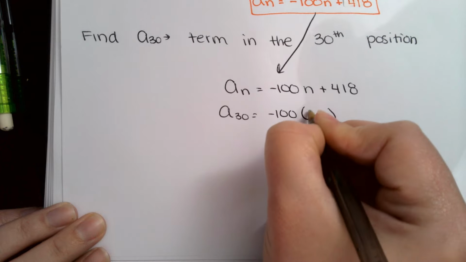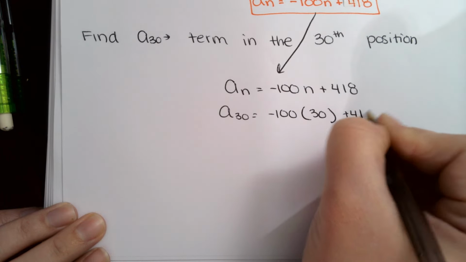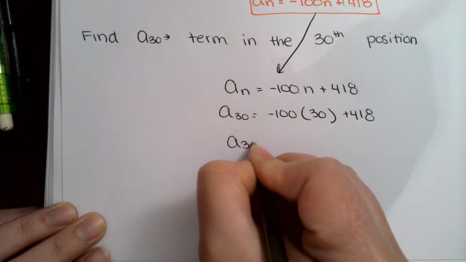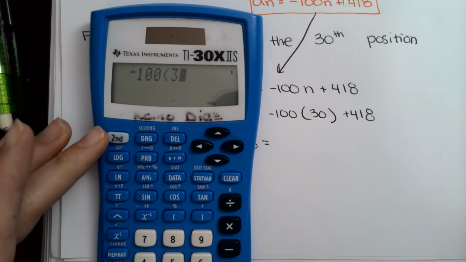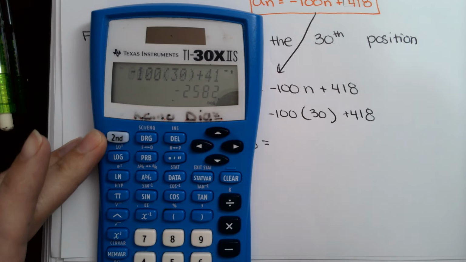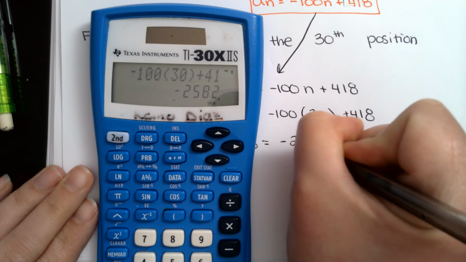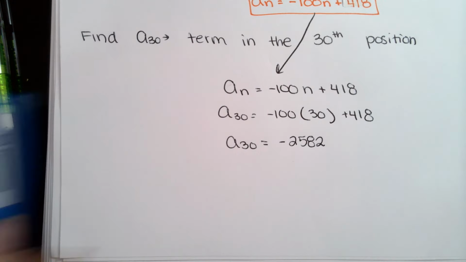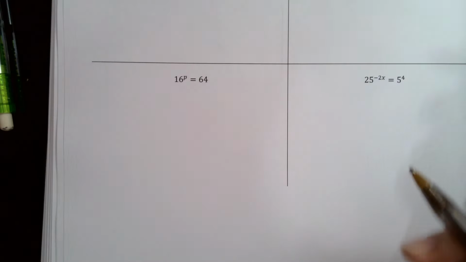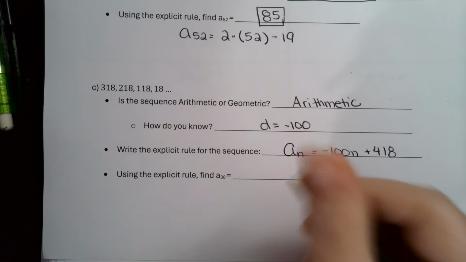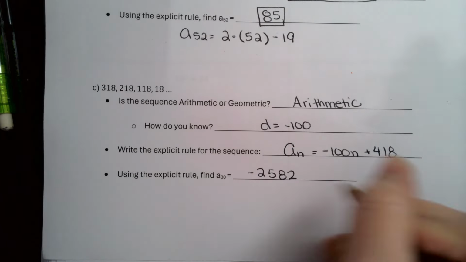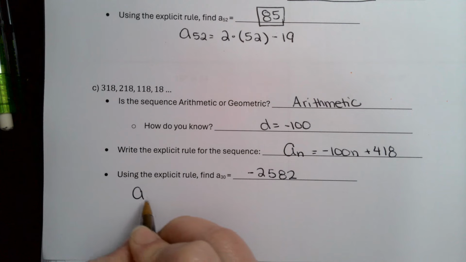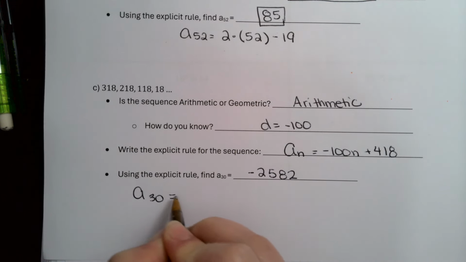That means the term in the 30th position is negative 100 open 30, close it, plus 418, which is a negative 2,582. Let's write that in. Oops, wrong paper. I have negative 2,582. And again, I'm going to copy down the formula just like we did before with our position number 30.